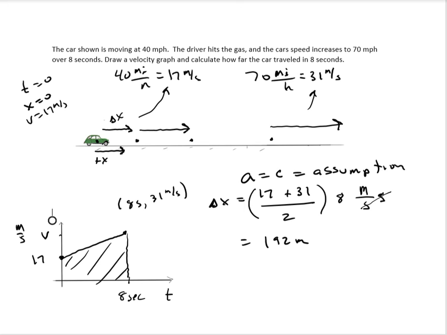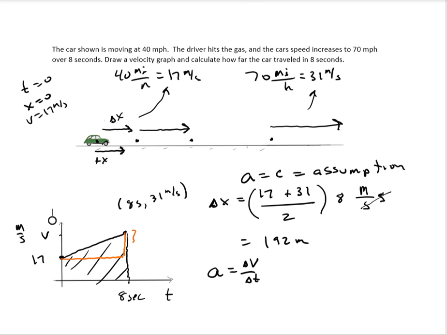Okay. Although it doesn't ask for it in the question, I think I'll go back and change this so that it does. Let's go ahead and calculate the acceleration of this car. Again, that's going to be delta v over delta t. So when we go from this point to this point, the rise is this distance, and the run is this distance.